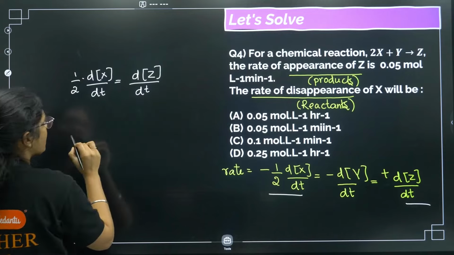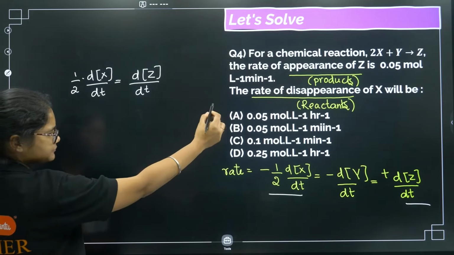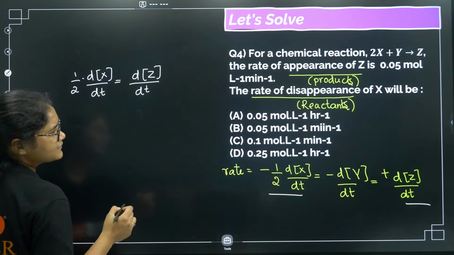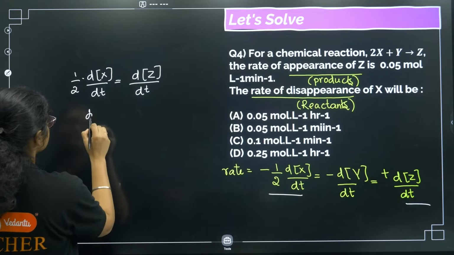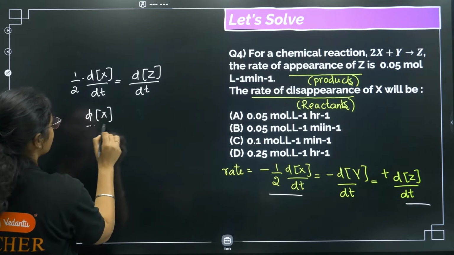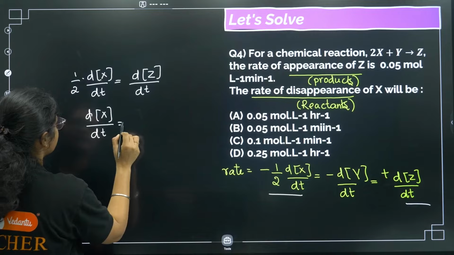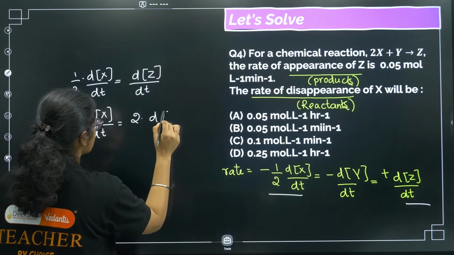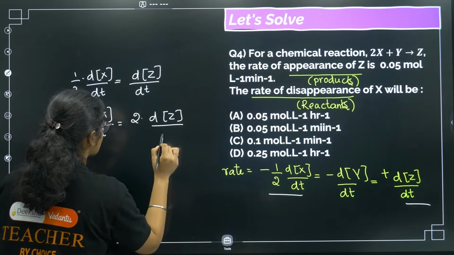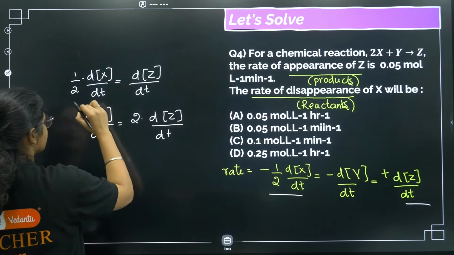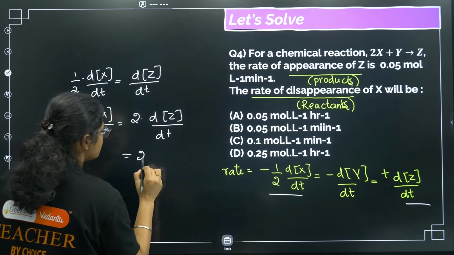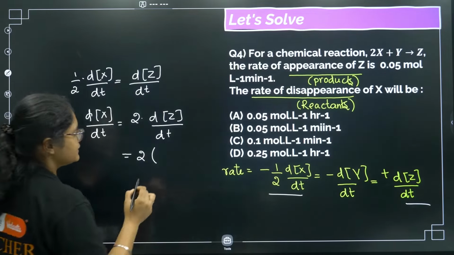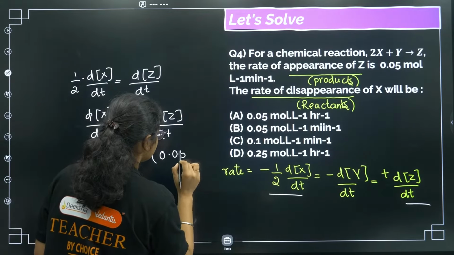Okay, so I need to calculate the rate of disappearance of X, right? So dx by dt will be equal to 2 times dz by dt. What I have done is just cross multiplication. So 2 into, what is the value of dz by dt? 0.05, right?